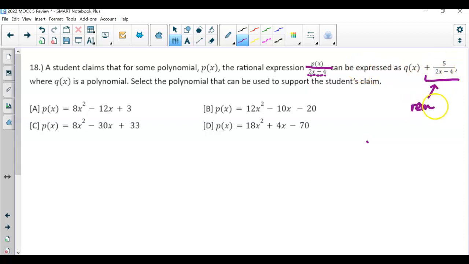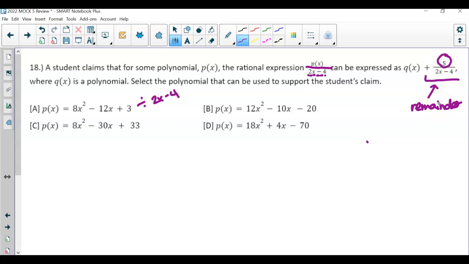The remainder. So this is showing how we need a remainder. If we were to divide by 2x minus 4, that means what do we have to have a remainder of? 5. So which of these polynomials supports the student's claim? So which of these would you divide by 2x minus 4 and get a remainder of 5?